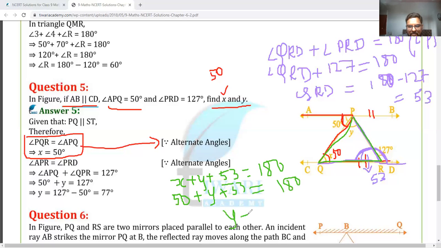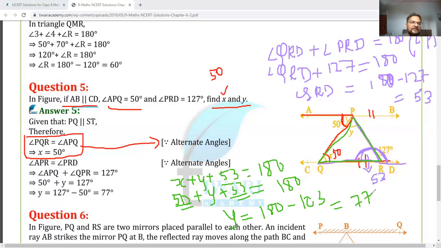So angle Y equals 180 minus, and if we add this 50 and 53 together, it gives you 103. If I subtract 103 from here, I'll get angle Y as 77 degree.